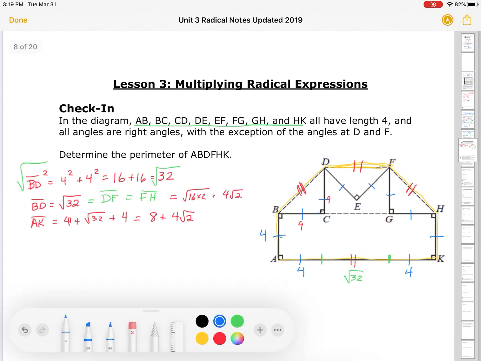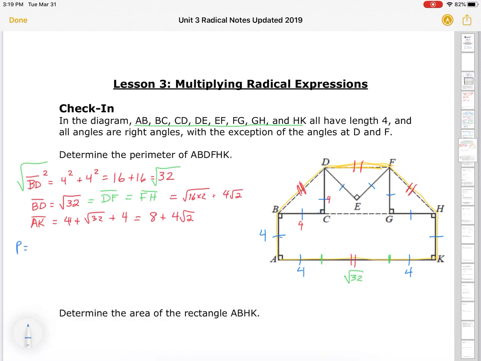Okay, so now I have all my measurements. Now I can find out what my perimeter is. So perimeter is going to be equal to AB plus BD plus DF plus FH plus HK plus AK.